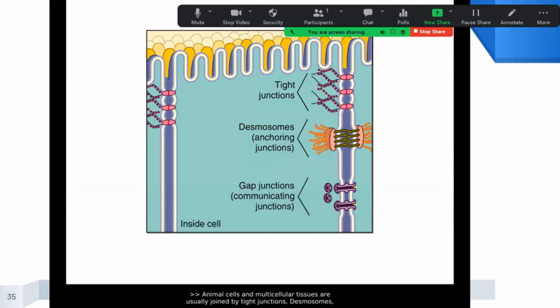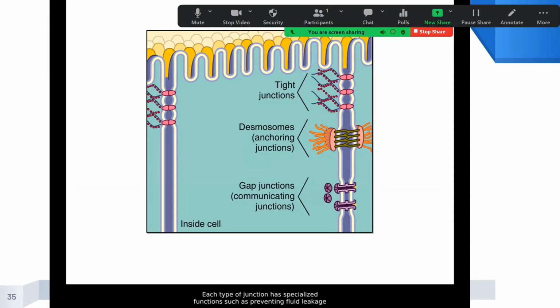Animal cells in multicellular tissues are usually joined by tight junctions, desmosomes, also called anchoring junctions, and gap junctions, also called communicating junctions. Plant cells are often joined by plasmodesmata.